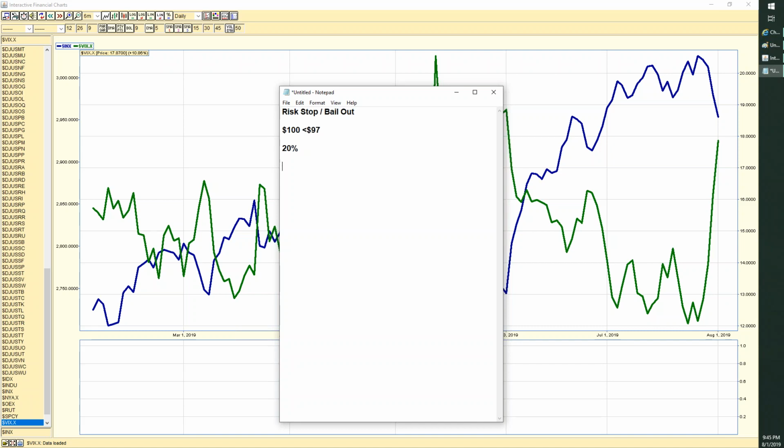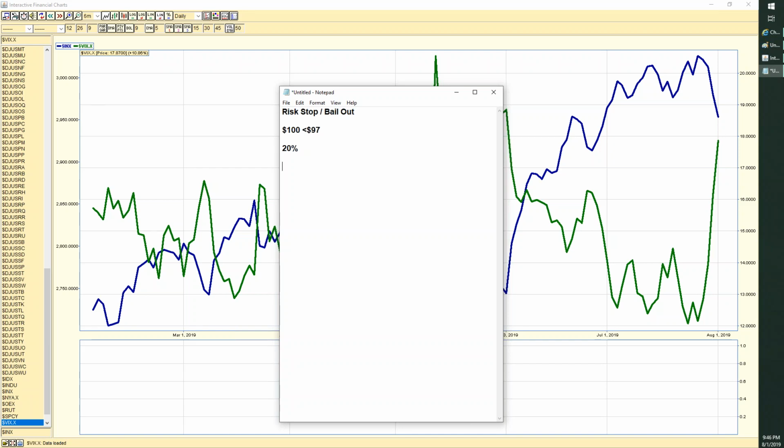If your portfolio is $5,000 to $25,000, I would drop that from 4% to 3%. If your portfolio is from $25,000 to $250,000, I would drop your risk per trade to 2%. And finally, if your portfolio is over $250,000, I would drop your risk exposure to 1%.